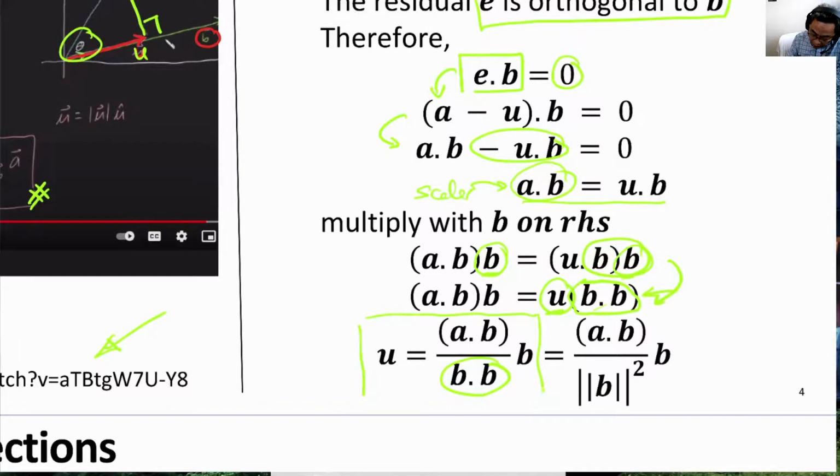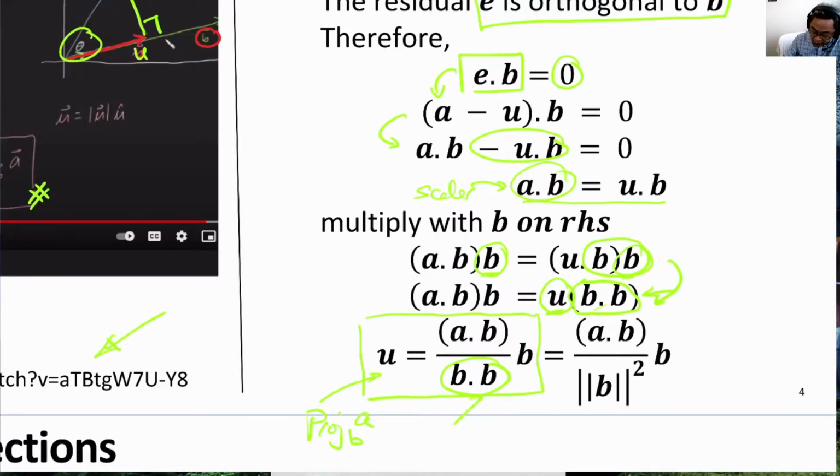The vector that we want, which is the projection of A onto B, equals A dot B divided by B dot B times B.